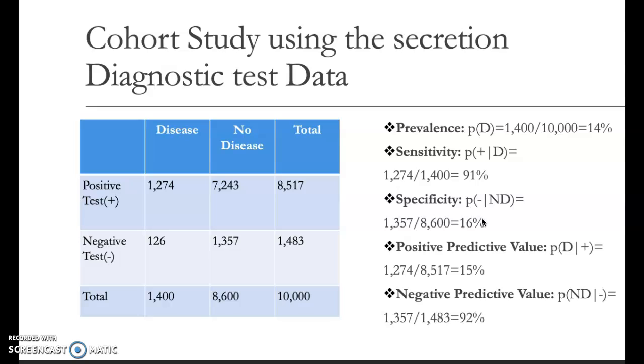Then we have the positive predictive value again, which was 15%, and this tells us the probability that a person who tests positive has the disease. And last but not least, we have the negative predictive value, which was 92%, and this is the probability that a person who tests negative does not have the disease. So this is a high rate here as well as here. And again, high sensitivity, low specificity.